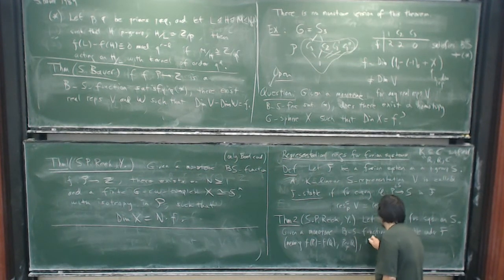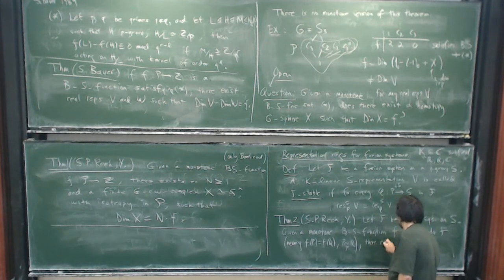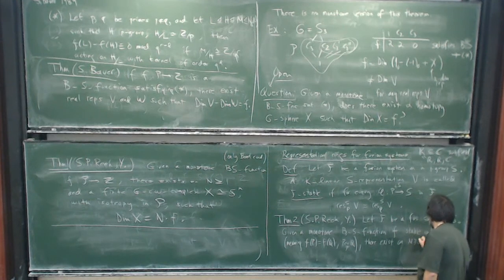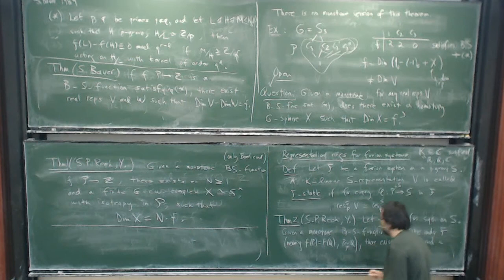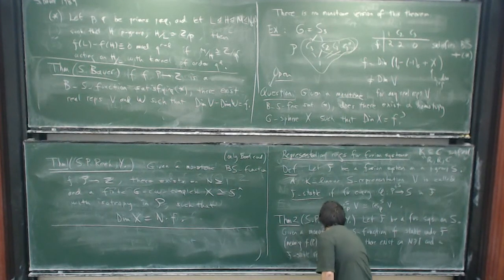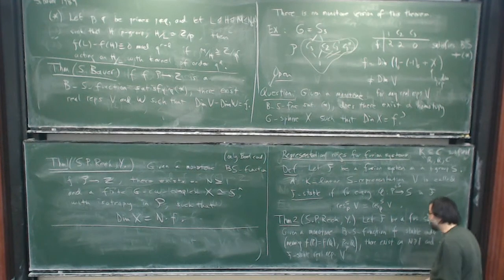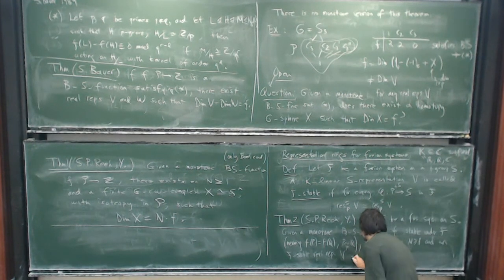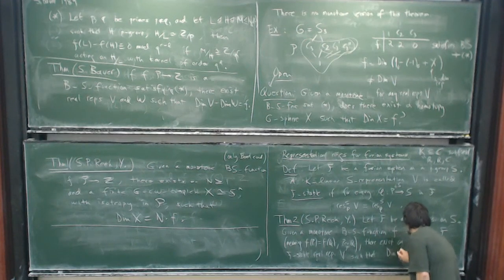There exists an n, and an F-stable real representation V, such that the dimension function of V is equal to n times f.